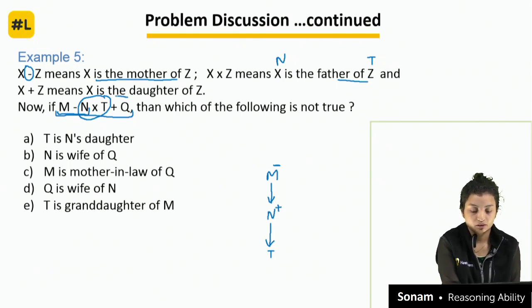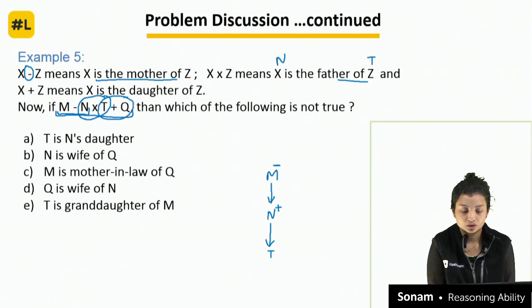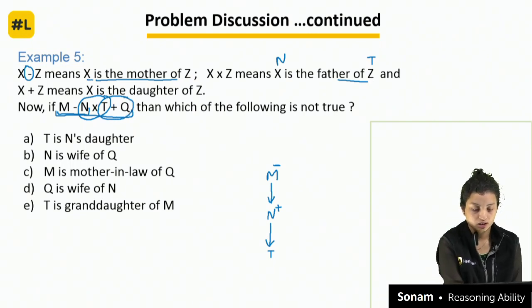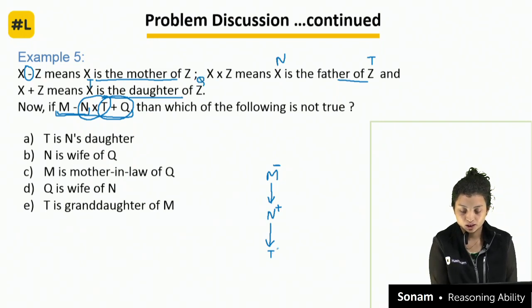And the last part, T plus Q. So T is daughter of Q. So obviously they have to be married, right?